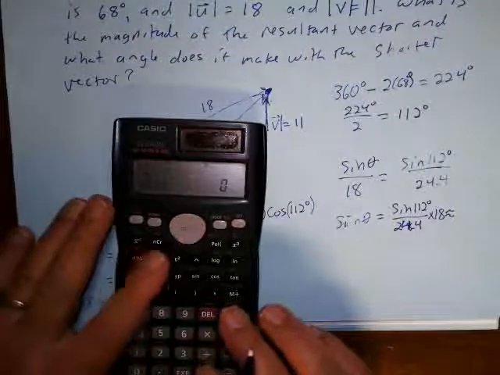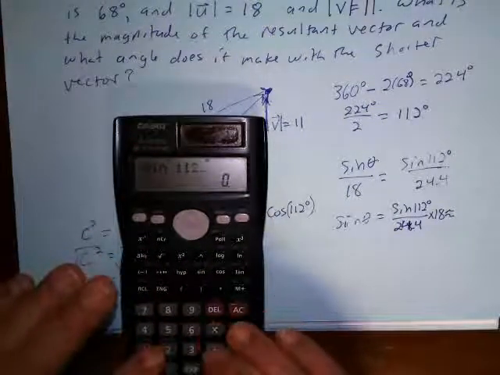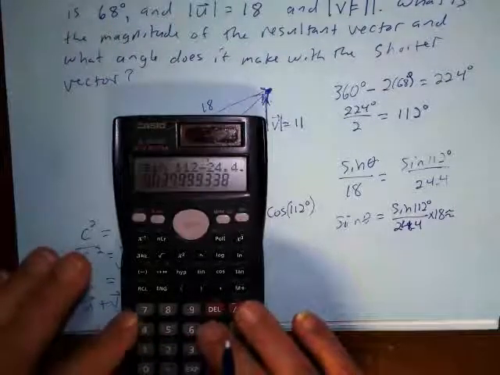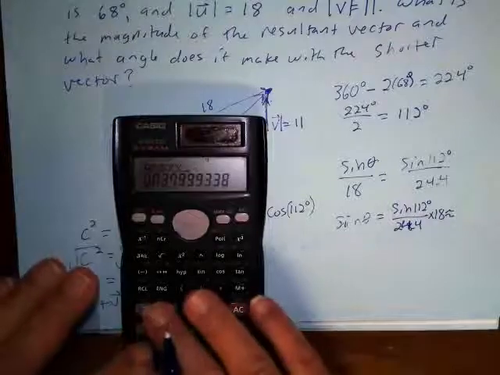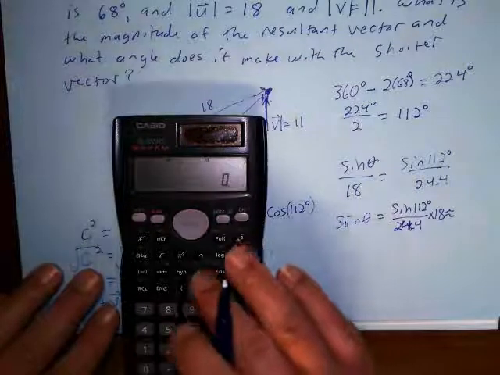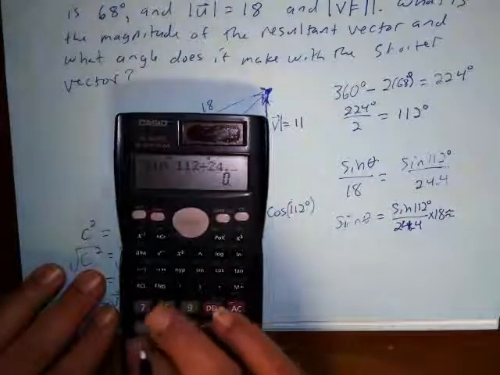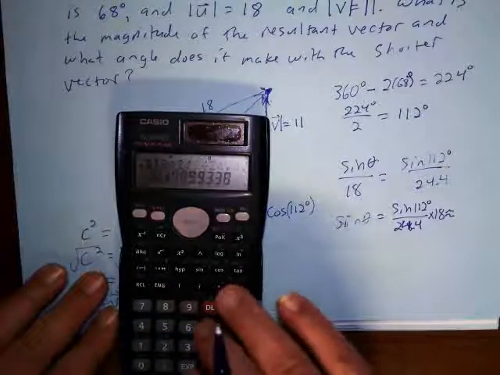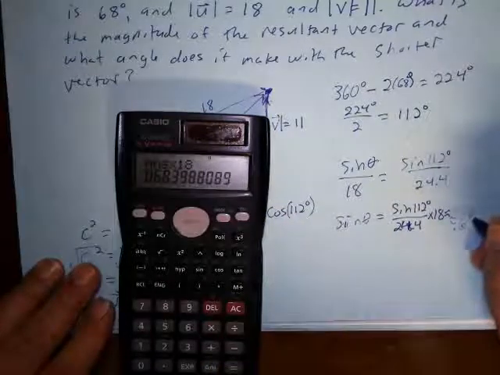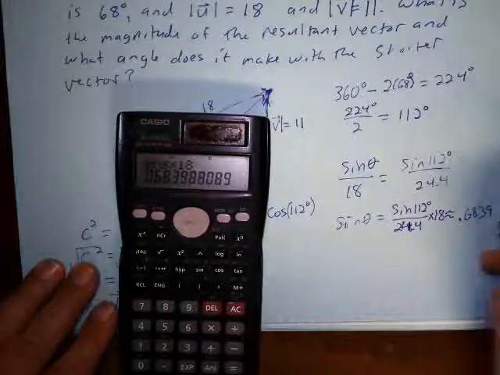So sine of 112 divided by 24.4, multiply that by 18, and so this is like 0.6839, and so on.